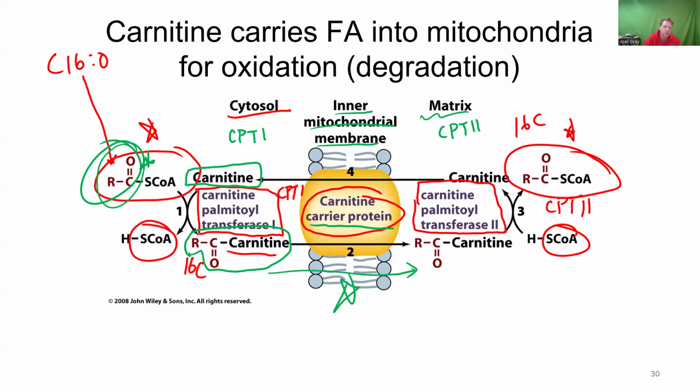This carnitine carrier protein will see anything that's bound to carnitine and move it across the membrane. It sees carnitine with 16 carbons attached to it, says, okay, great, I'll move you across the membrane because that's where you go. Whenever that is inside the mitochondria, then CPT2, essentially the same enzyme, but the mitochondrial enzyme, will release that 16 carbon long chain and attach it to coenzyme A, giving us this acetyl CoA inside the mitochondria.